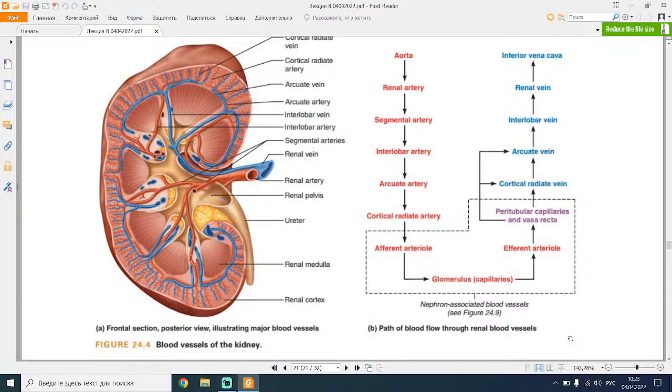This is the path of blood flow through the renal blood vessels.